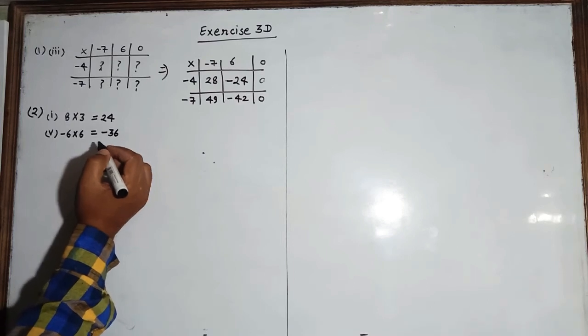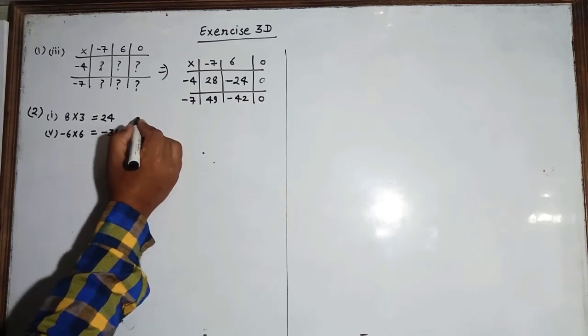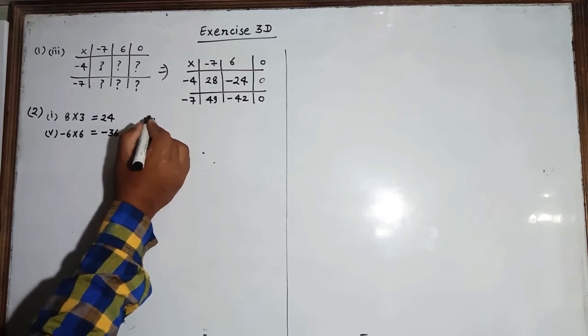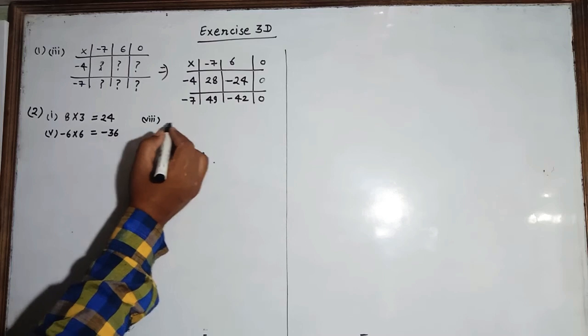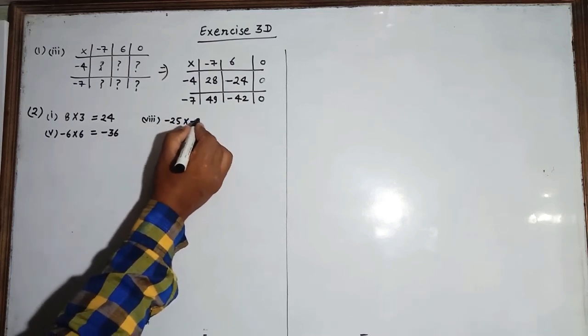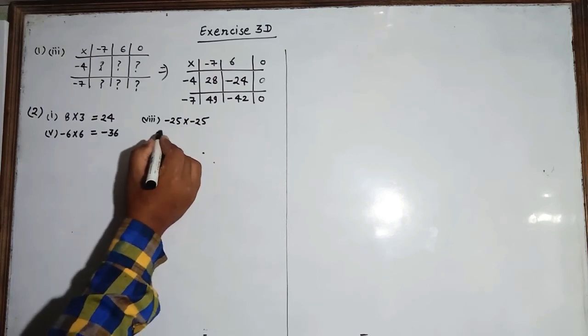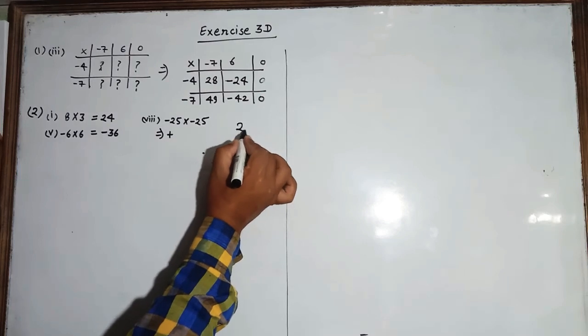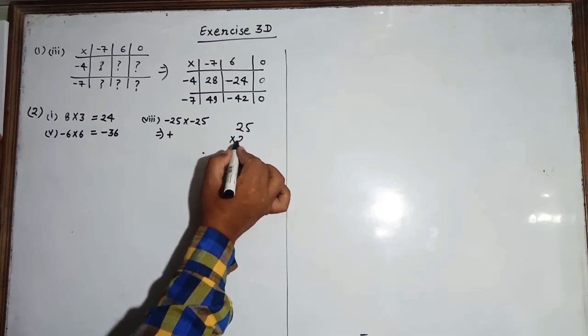One more is there, not fourth part, eighth part, that is -25 into -25. So what will be our result? You know that minus into minus is plus, and 25 multiplied by 25. Here you can do 25 into 25.